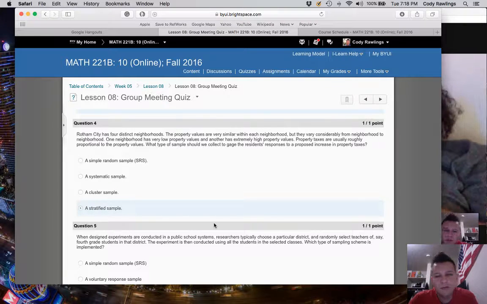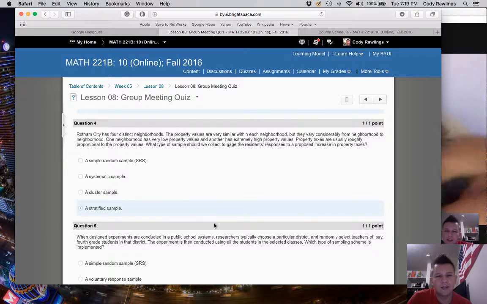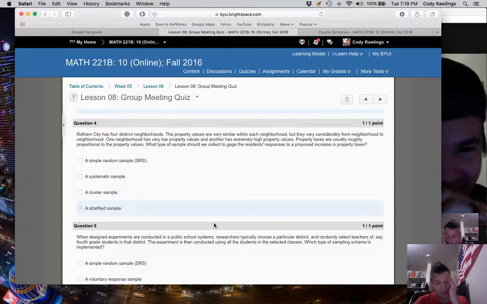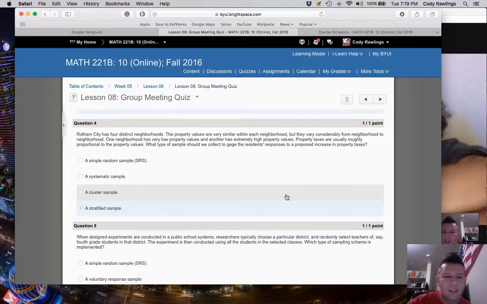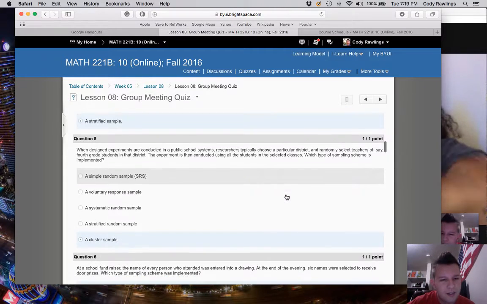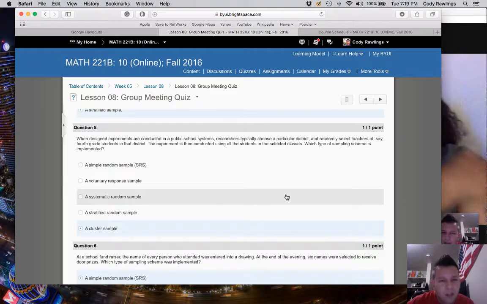You are probably right. These ones I don't really get how to do, so they may be all wrong. What did you get for question number 5? Because that one I got was a stratified random sample. That's a cluster sample.